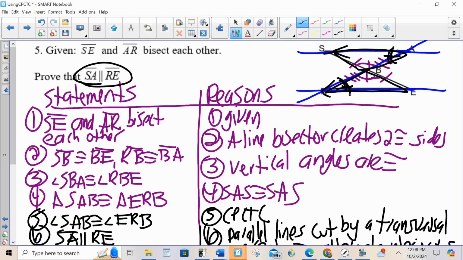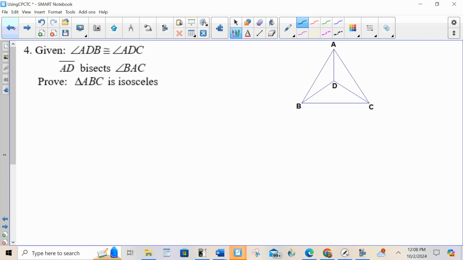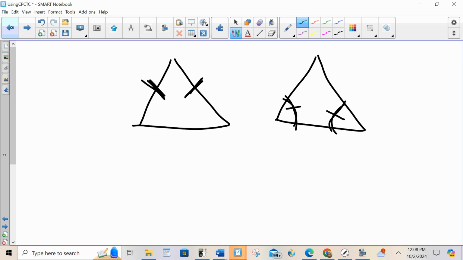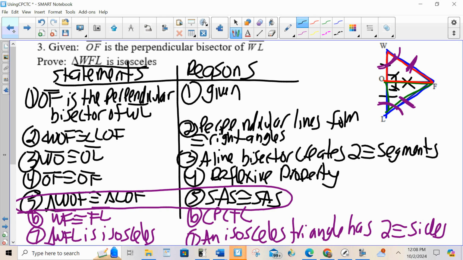There's proving parallel: prove the triangles are congruent, use CPCTC to get congruent alternate interior, alternate exterior, or corresponding angles. There's proving isosceles: prove the triangles are congruent, use CPCTC to prove either corresponding sides or corresponding angles are congruent that make the triangle isosceles.